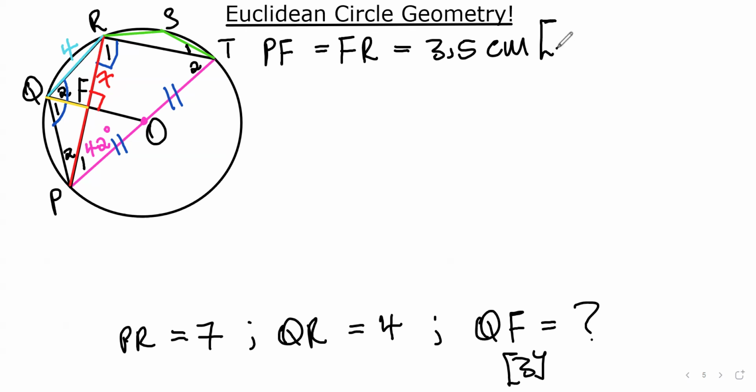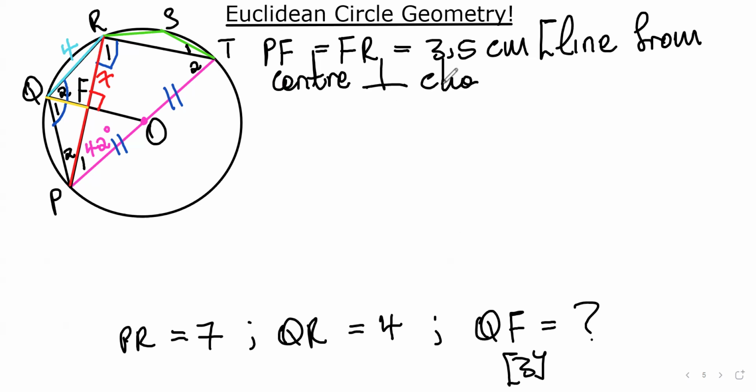Why? That's because the line from the center perpendicular to the chord is simply going to bisect the chord. So now we know that this one is equal to that. Okay, fine. Then we can focus on FR and use the theorem of Pythagoras.